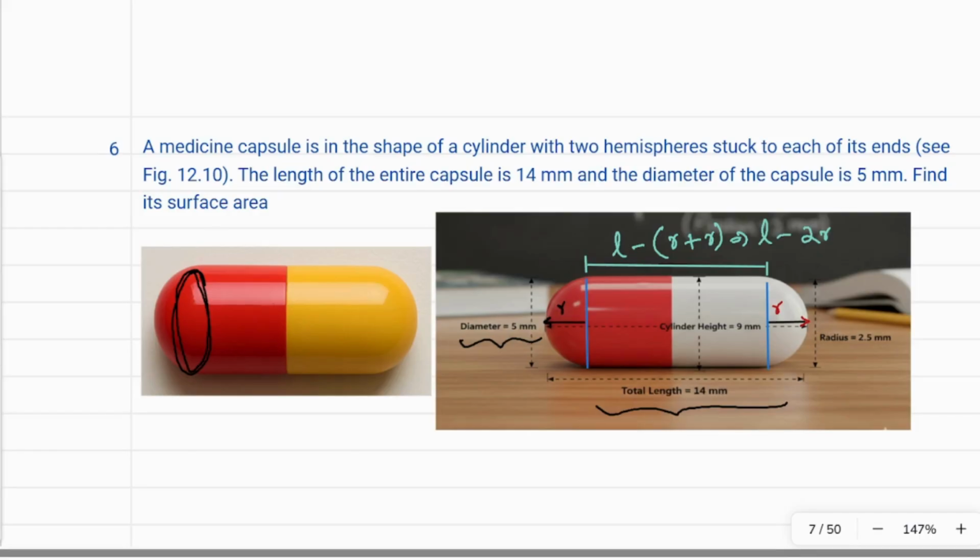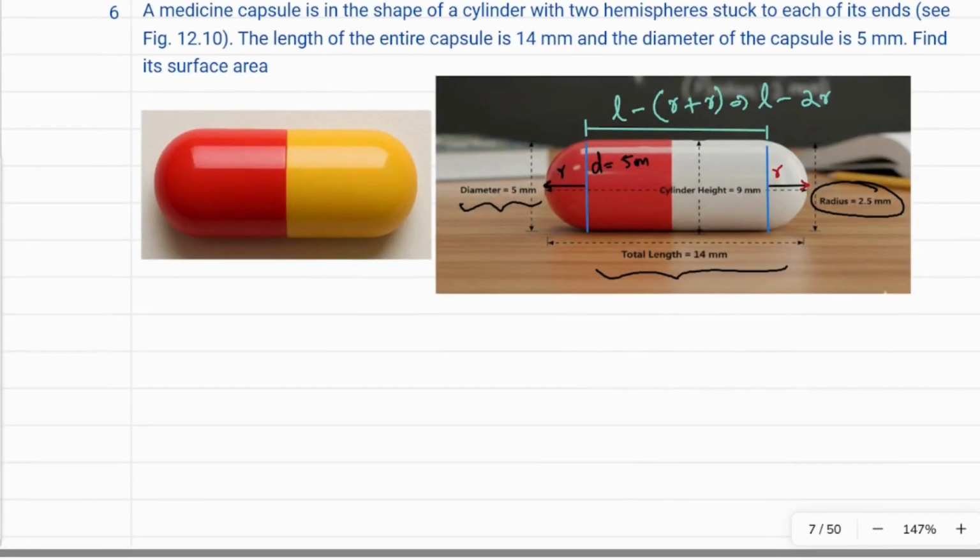If that is the diameter, what will be our radius? From here till here, this is the diameter, right? Diameter is equal to 5 mm. So, radius means how much? Half of diameter. Radius will be equal to 2.5 mm. Now, let's do the calculation.